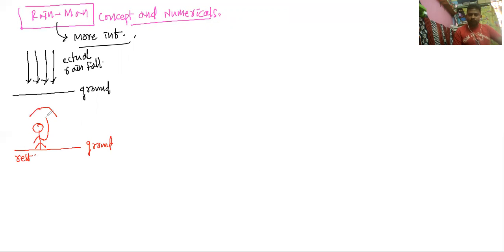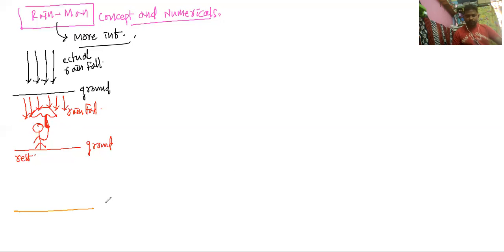In order to avoid the rain, he needs to hold the umbrella in this way because he is at rest and the rainfall is in this direction. This is the rainfall direction. There's no difference between the first case and the second case. As the person is at rest, to save himself from the rain, he must carry his umbrella like this. I hope you understood the first and second cases.